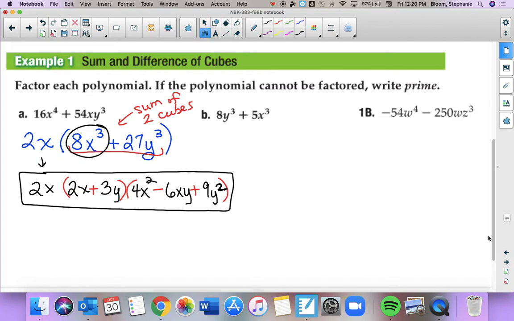What does 8y cubed and 5x cubed have in common? Is there anything I can take out before we start? Okay, there's nothing I can take out. So the only other option, if there's nothing to take out, is this a sum of 2 cubes? And why are you saying no, Bailey?